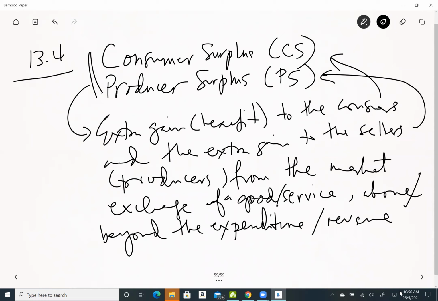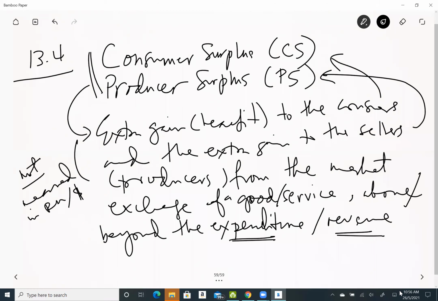So that gain is not something that you get in dollars. So that extra gain is not measured in terms of RM or dollars. What is measured is the expenditure and the revenue, but the extra gain is not measured, right? But there will be extra gain to us and to the firms.